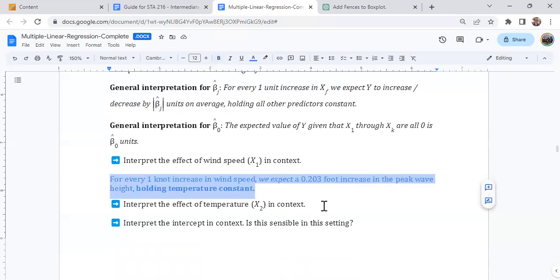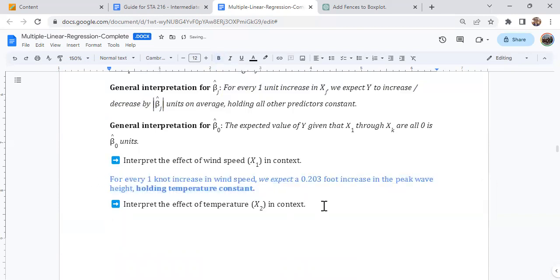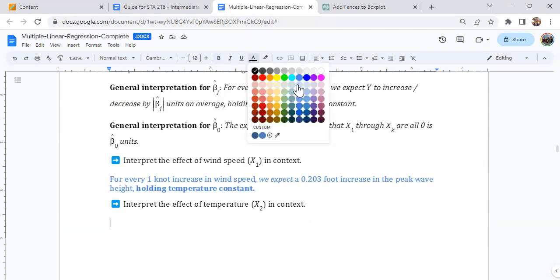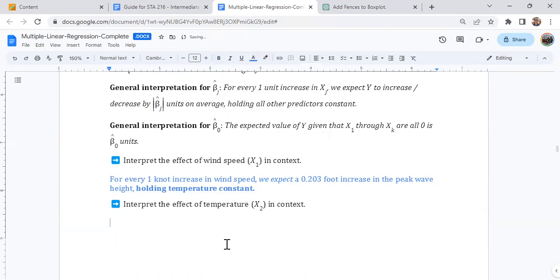So given this interpretation, does anybody want to give a try for the effect of temperature? For every 1 degree increase in temperature Fahrenheit, we expect the wave height to decrease by 0.0 feet, holding wind speed constant.